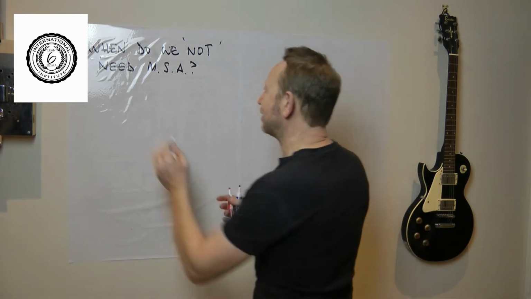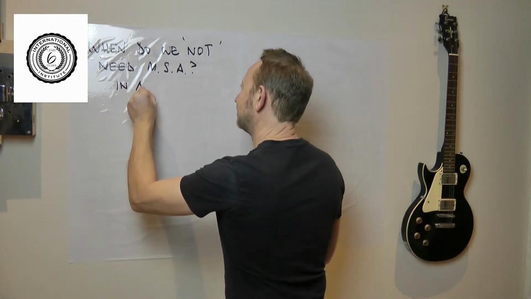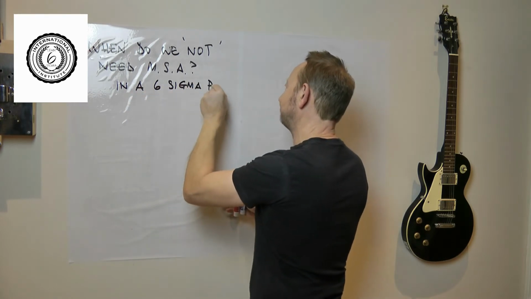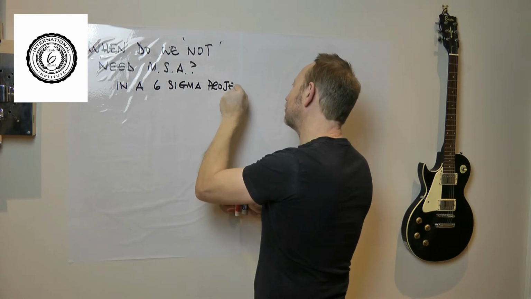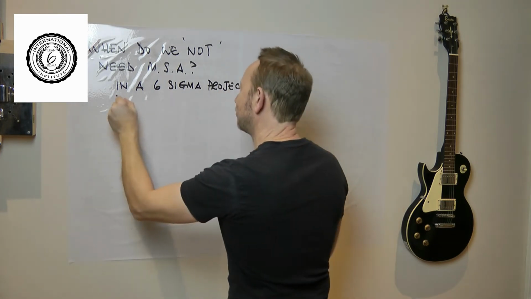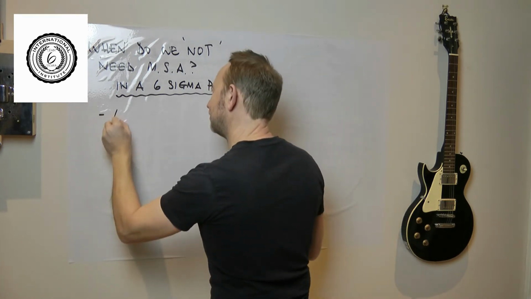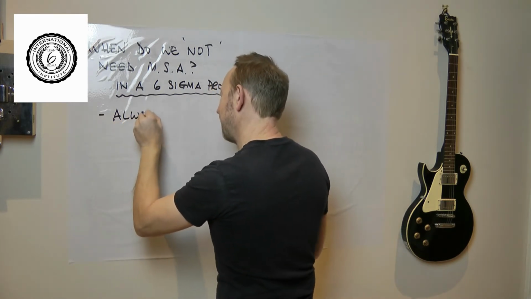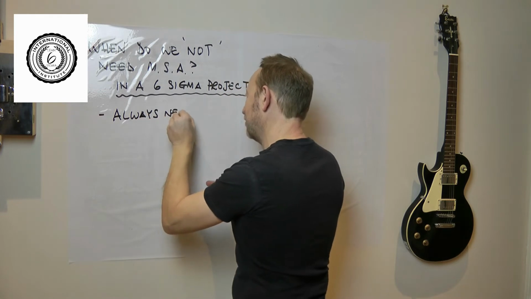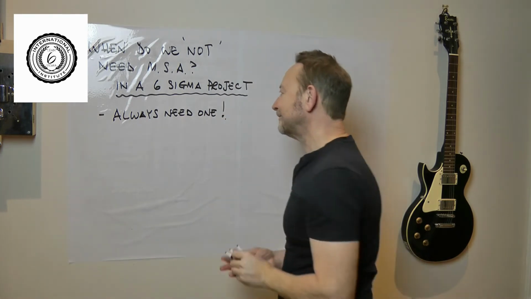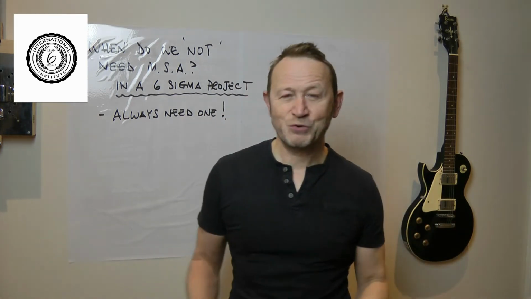Now, my point of view here would be, if it's in a Six Sigma project, the simple answer I would say to Sadiq's question, when do we not need? Well, in a Six Sigma project, I would say pretty much you always need one.